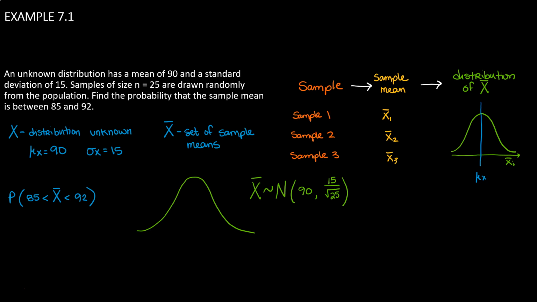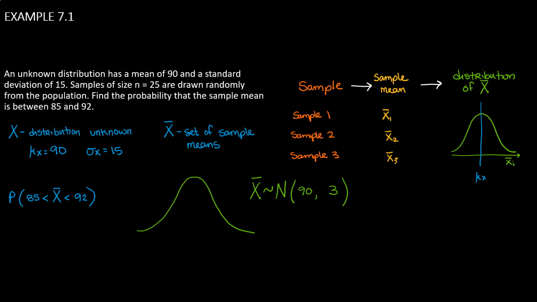So the new variable, X bar, is going to have a standard deviation that's calculated by taking the original standard deviation and then dividing it by the square root of our sample size. So our set of sample means has a standard deviation of 15 divided by the square root of 25. Now 25 is a perfect square, so when we square root it, we get 5. 15 divided by 5 is just 3. So the standard deviation for our set of sample means is 3.